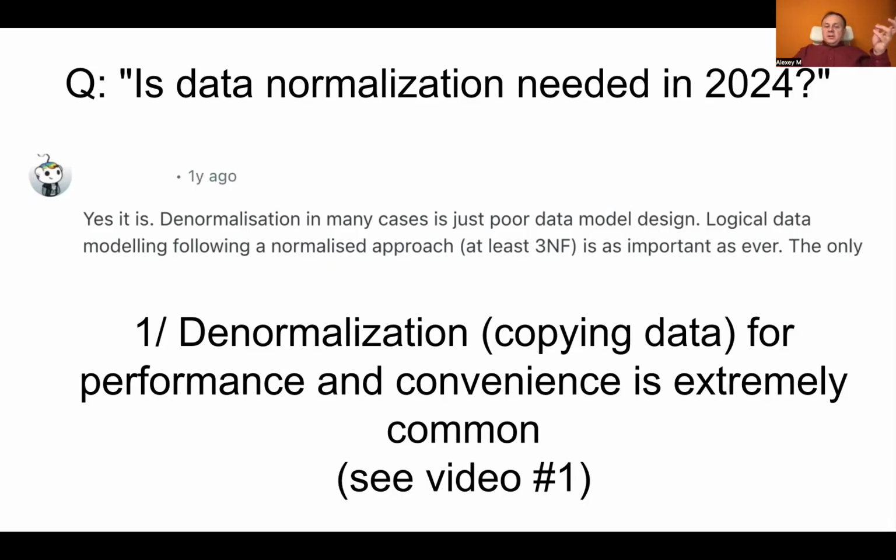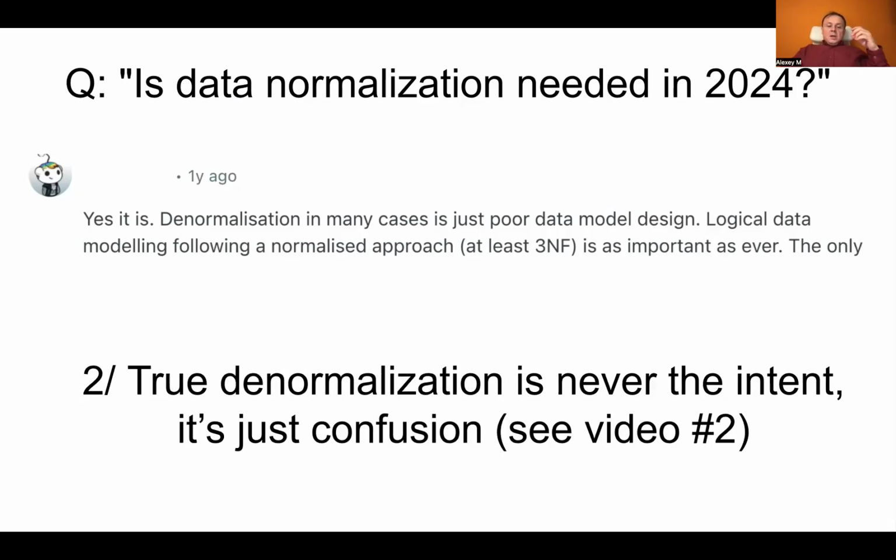So saying that denormalization is poor data model design is obviously wrong. A lot of people, everyone does denormalization all the time. Second is that true denormalization is never anybody's intent. This is always just confusion.